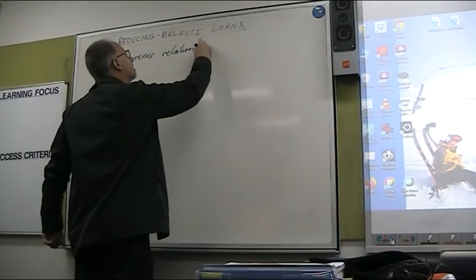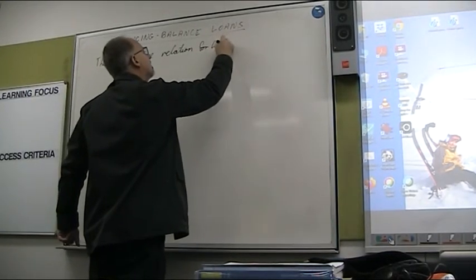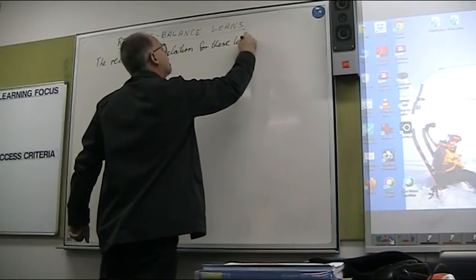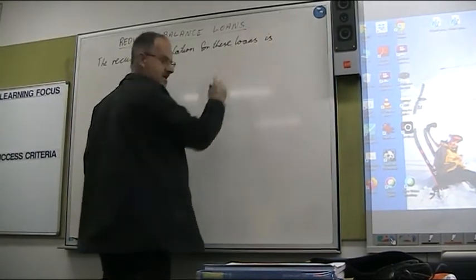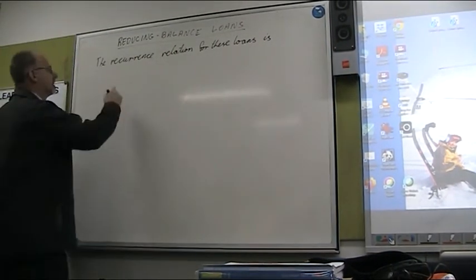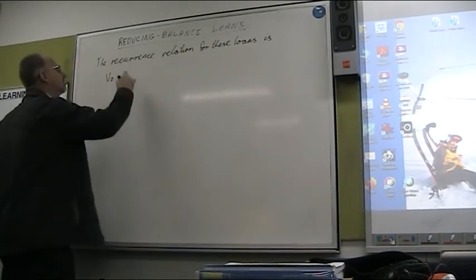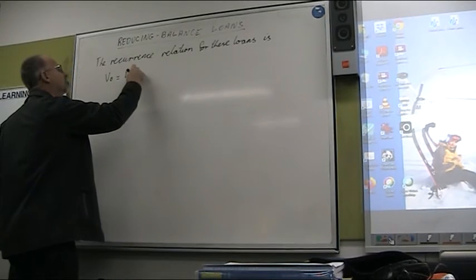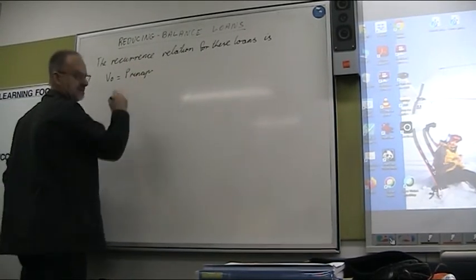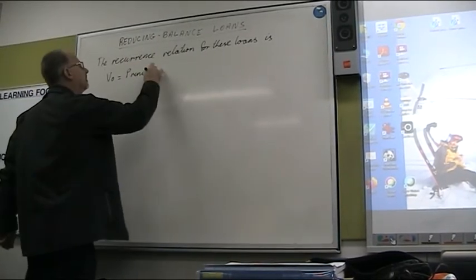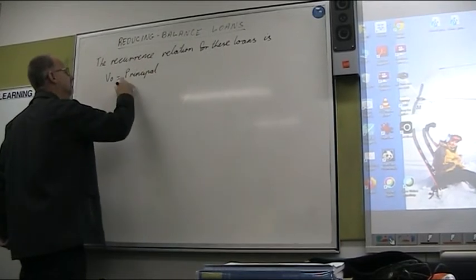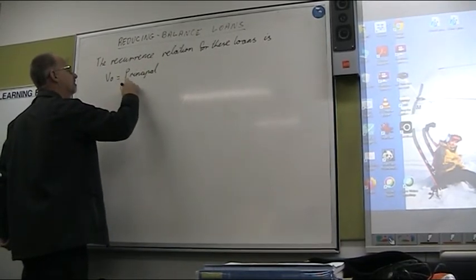So the recurrence relation that we would use for these loans is: V0, your initial value, is what's called the principal, so how much you've borrowed.